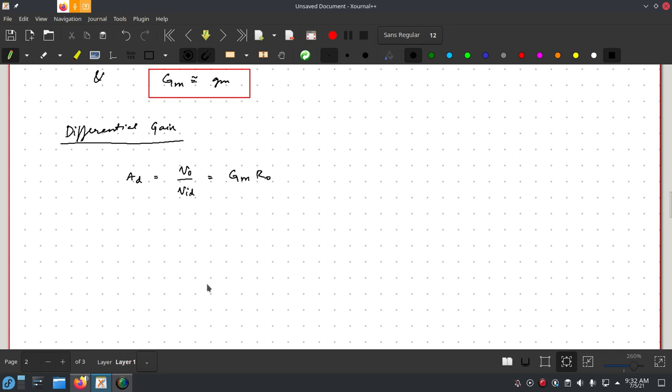Very easy to remember, gm times R0. Therefore AD in this case is gm times R0, where R0 is r02 parallel r04. Now this is the actual formula for the differential gain.